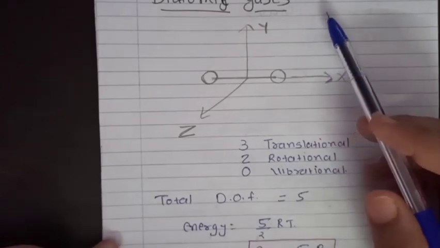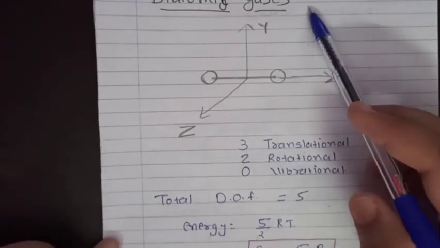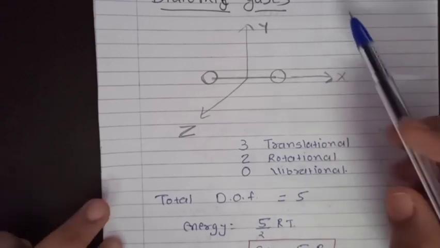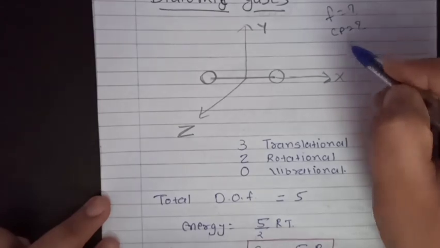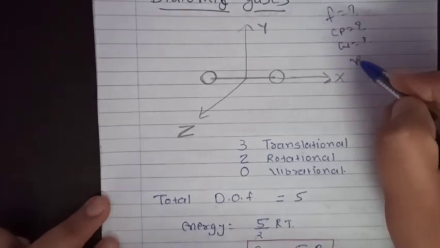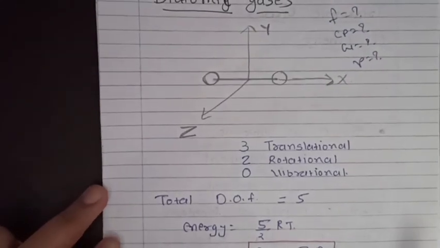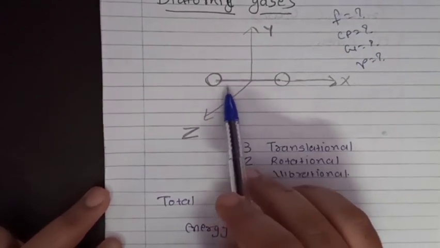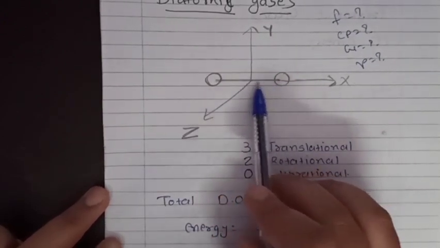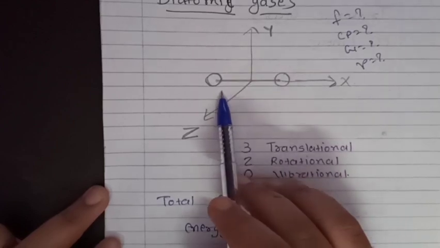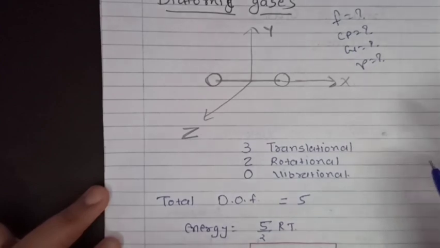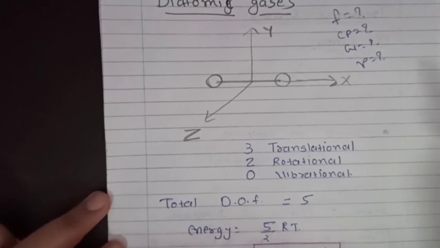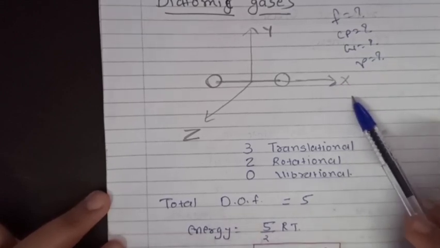Now we will calculate the same things for diatomic gases, that is, we will find degrees of freedom, Cp, Cv and gamma. Here we have shown the diatomic gas. It will be a dumbbell-like structure. Let's say it is placed along the x-axis. It is not necessary to place it along the x-axis, but to understand it simply, I have placed it along the x-axis.